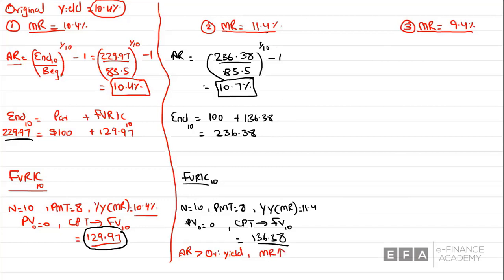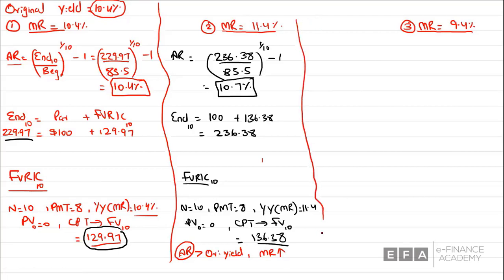The market rate went up to 11.4, resulting in a high reinvestment return. And because of that reinvestment return, the investor ended up making a higher return, which means the actual return is more than the original yield. And this simply proves the point that long-term investor returns are mainly affected by the reinvestment gains or losses, or high reinvestment return or low reinvestment return.